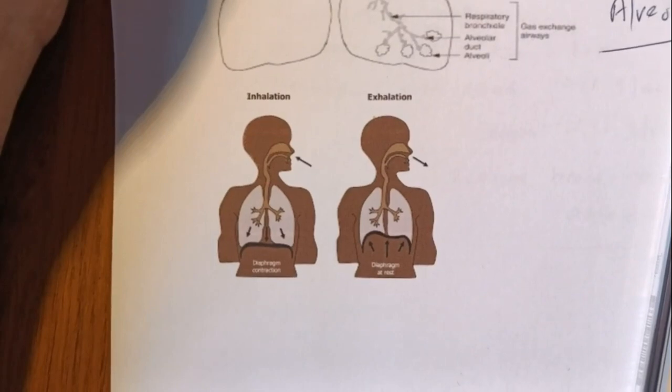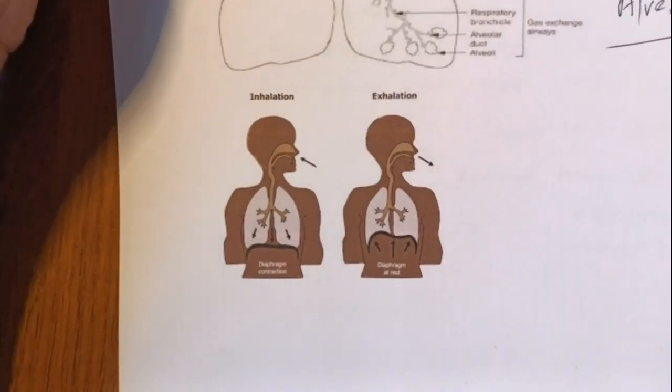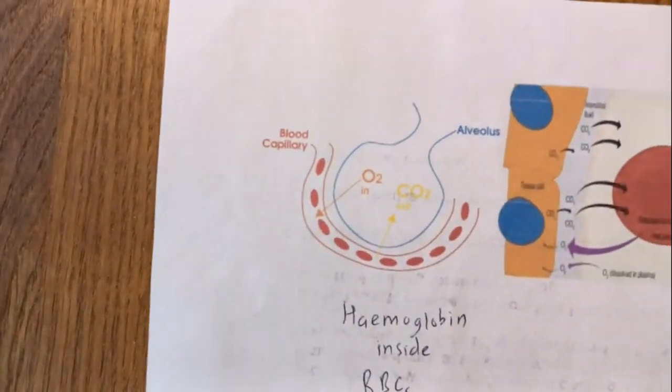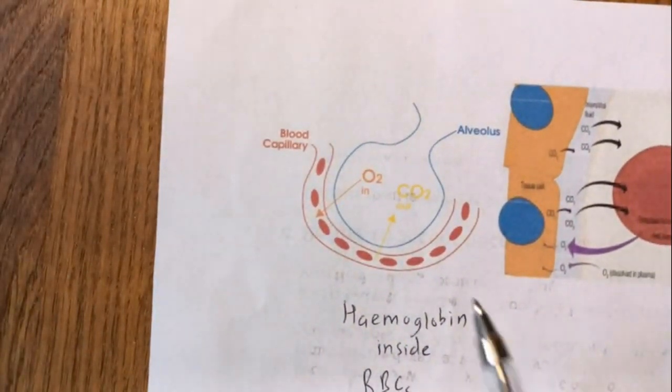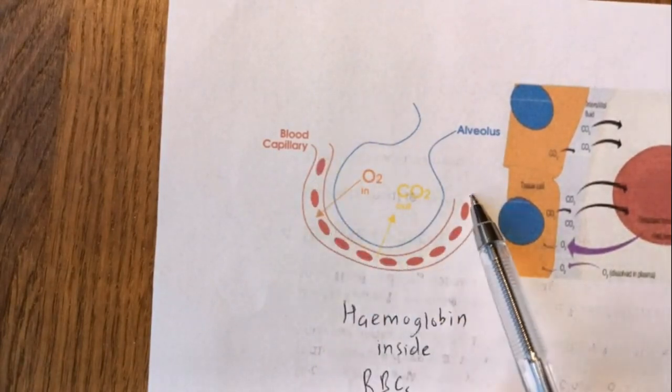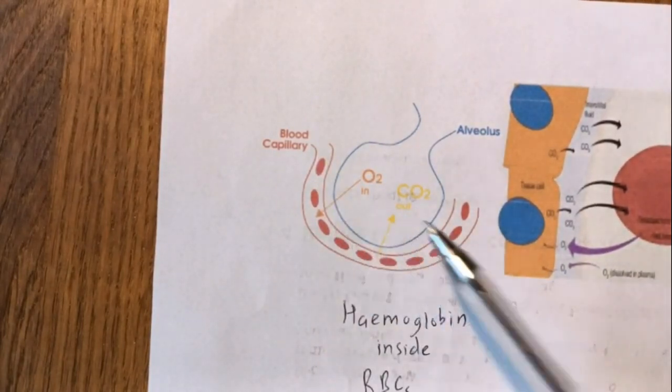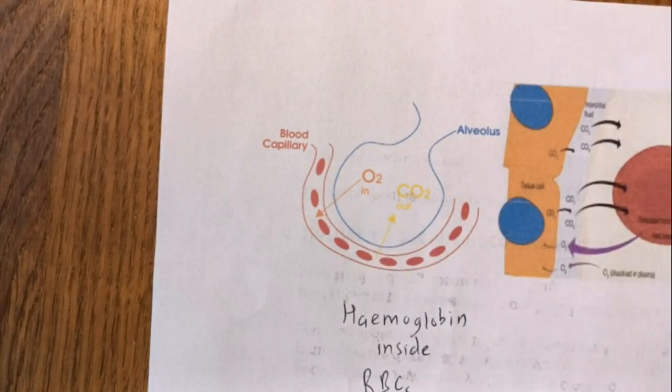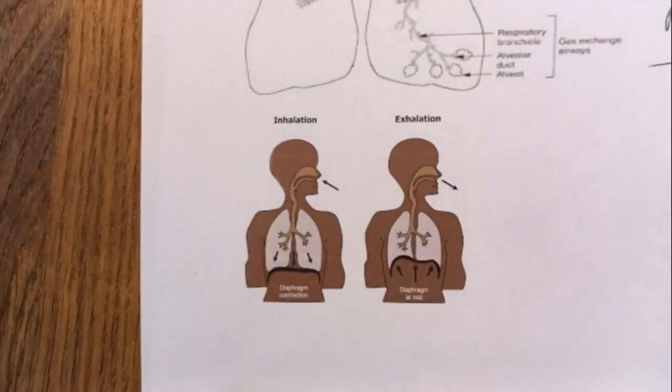The walls of the alveoli contain an extensive network of blood vessels. I'll show you that here in this diagram. There is an alveolus and this is a network of blood vessels around it, and they act as an exchange surface. Now when we breathe in, look into this diagram.